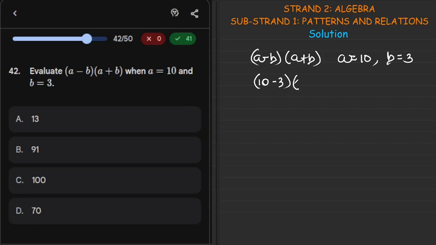Then in the other bracket, we have 10 plus 3. 10 minus 3 gives us a 7. 10 plus 3 also gives us a 13. So with that, if we have to multiply, we have 7 times 13, which then gives us a 91.